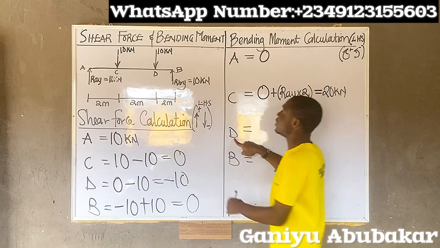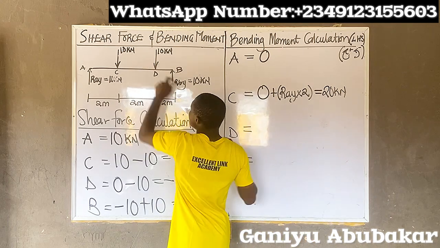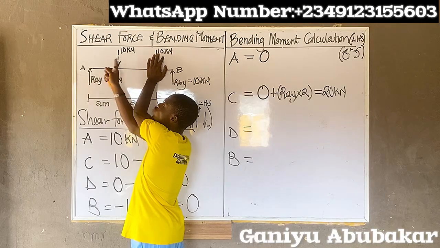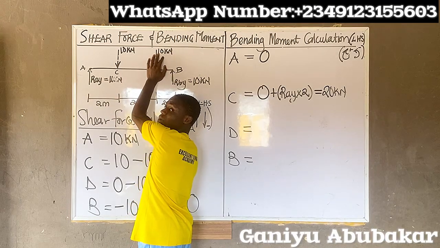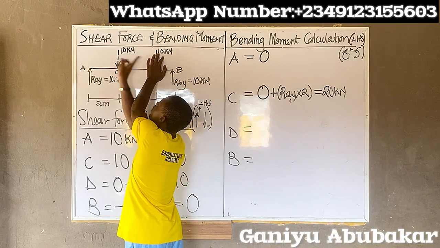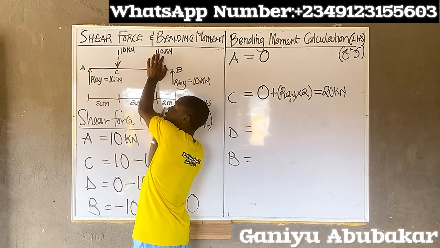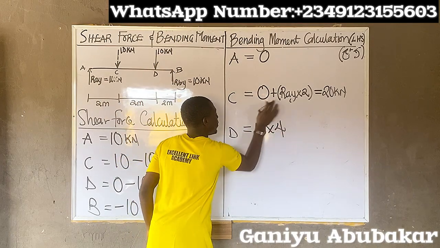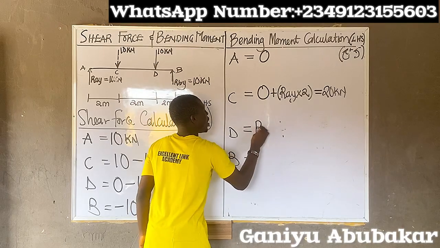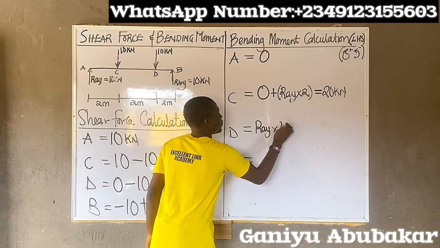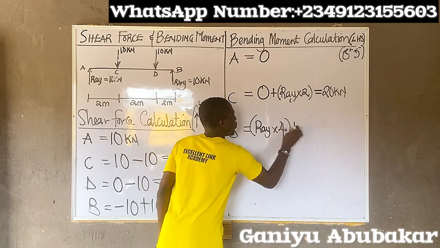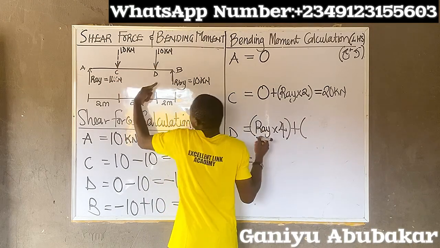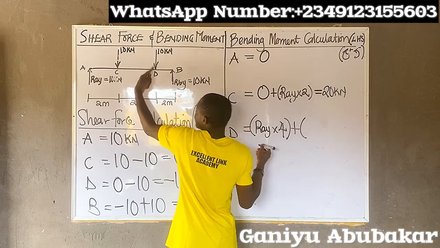At D, where's D? This is D, right? Take note at D, it's 0. But 1, 2 will come down there. So this one moving from here to here gives you what? 10 times 4, RA times 4, first case, plus this one moving this way, anti-clockwise. Observe, negative direction, right?